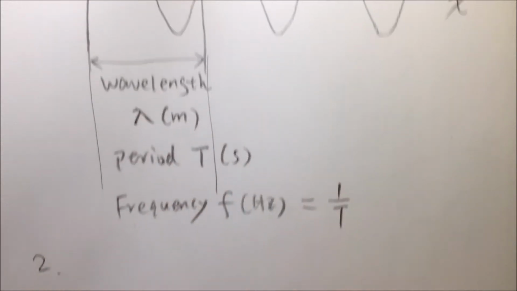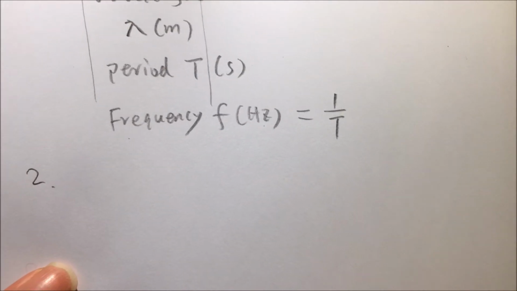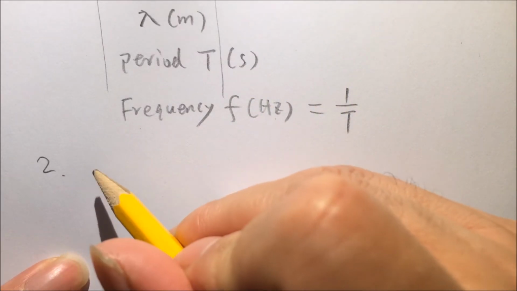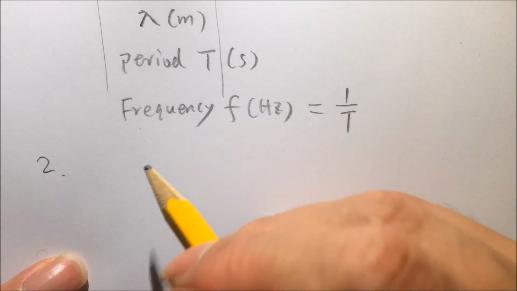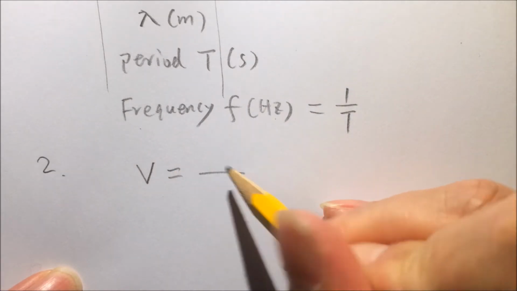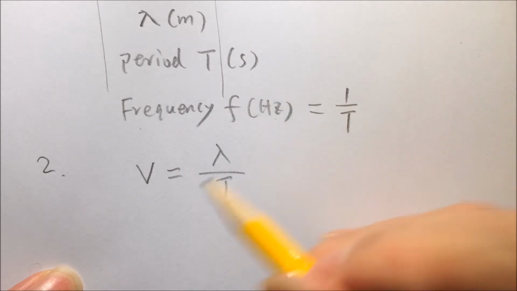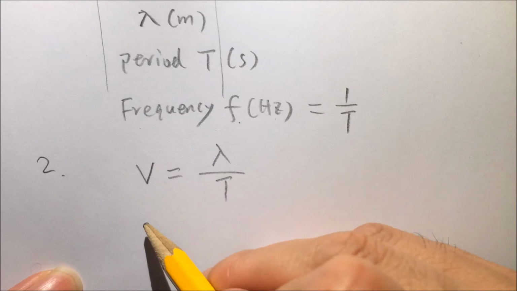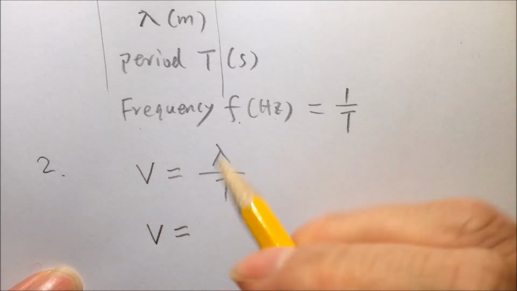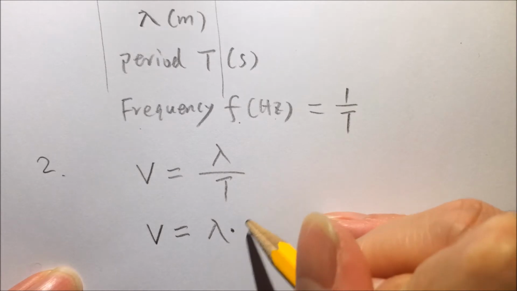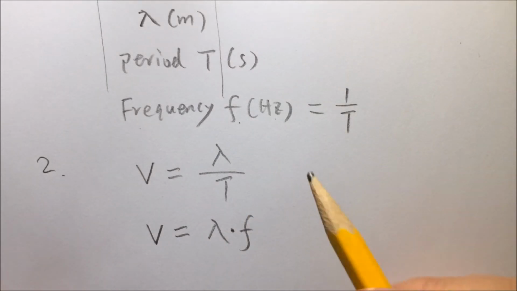Now the relationships. The relationship between those four items could be expressed by the wave's velocity equal to the wavelength over period, or because 1 over T equals f, the wave speed can also be written as the wavelength times frequency.